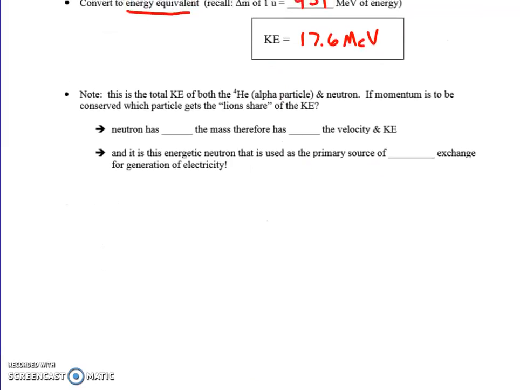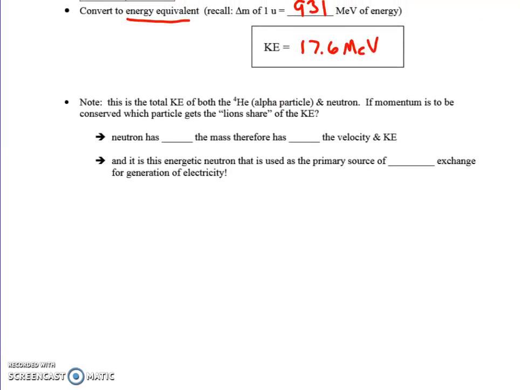Now we can ask the question, how is this energy distributed? The 17.6 is both for the helium nucleus and the neutron. So we can look at how that energy is partitioned between those two. And if we use the law of conservation of momentum, it becomes readily apparent. So we know that momentum has to be conserved.